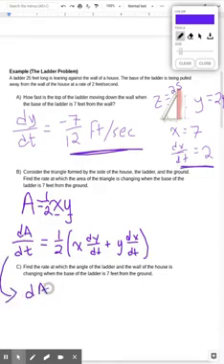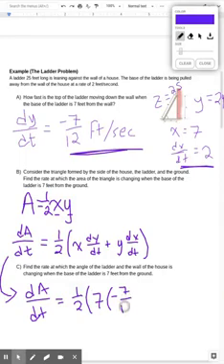That means dA/dt equals 1/2. X is 7. dy/dt is -7/12, plus y, which is 24, dx/dt, which is 2.